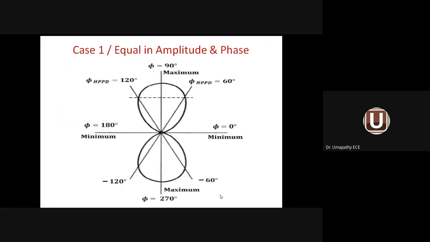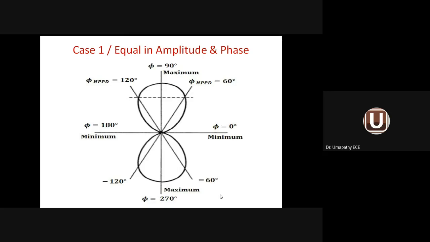I will go to the diagram now. Case 1, equal amplitude and phase. The radiation pattern is available in this form. Just have a look at the diagram. When you are able to understand the diagram, it becomes easier to understand the concept.